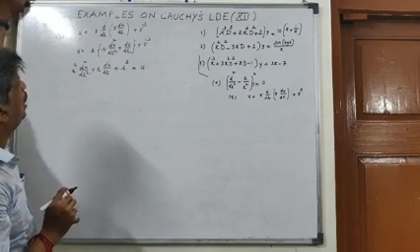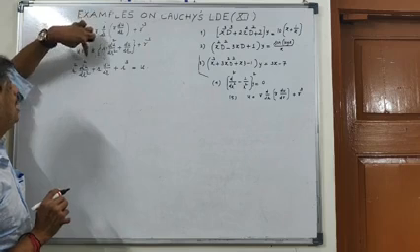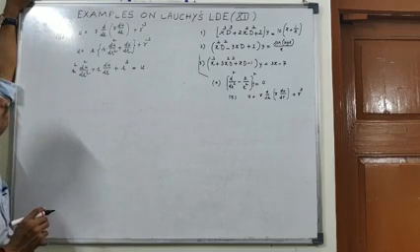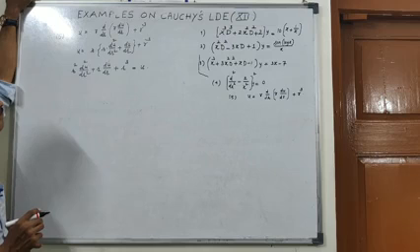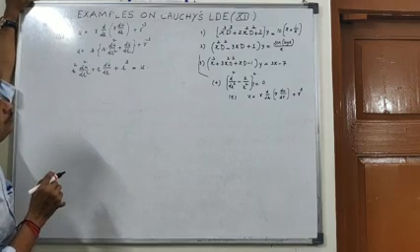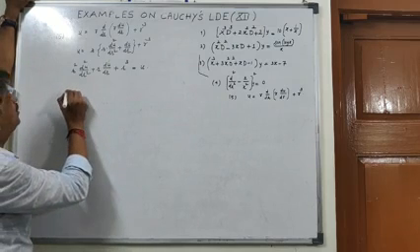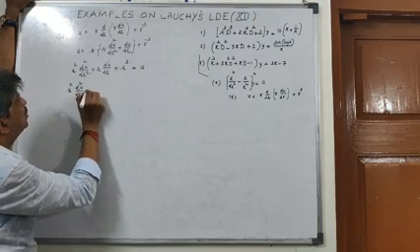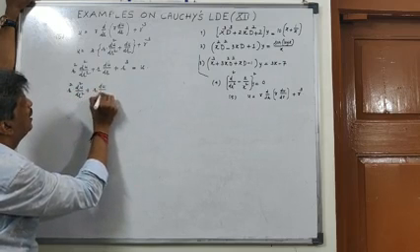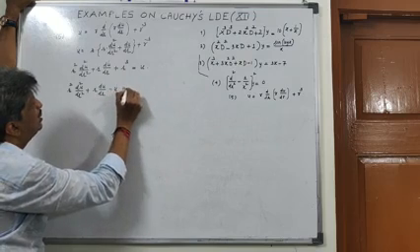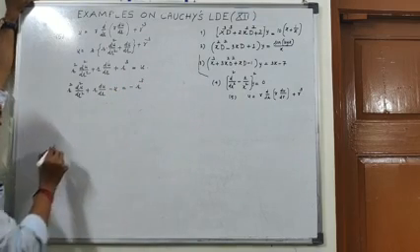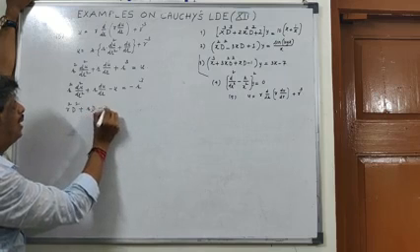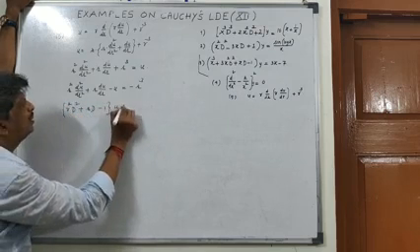So r square d2u by dr square plus r du by dr minus u is equal to minus r cube, or r square d square plus r d minus 1, times u, is equal to minus r cube.